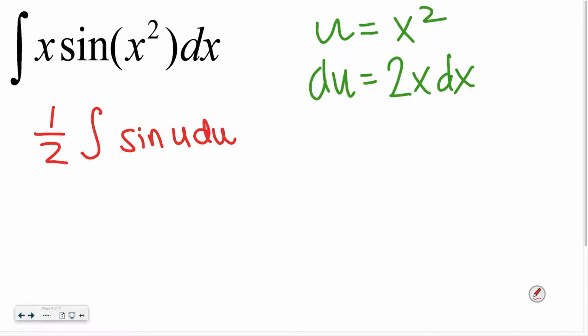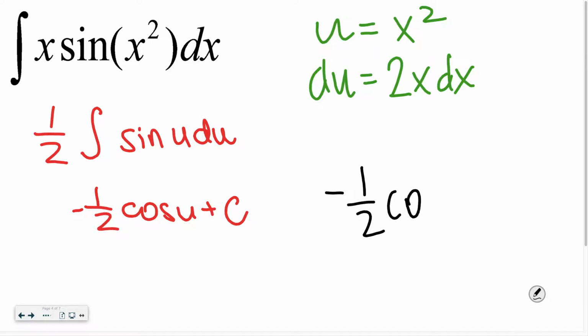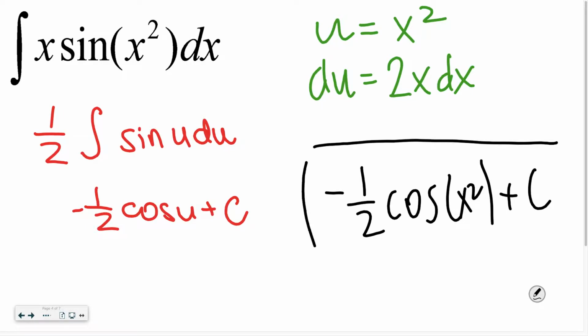Do you agree? Okay, so then we end up with 1/2. I said negative 1/2 cosine, negative 1/2 u. So we end up with negative 1/2 cosine of x squared plus c.